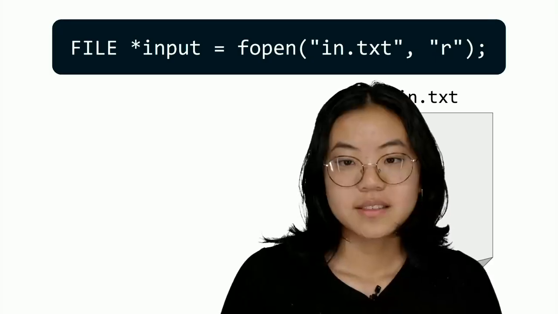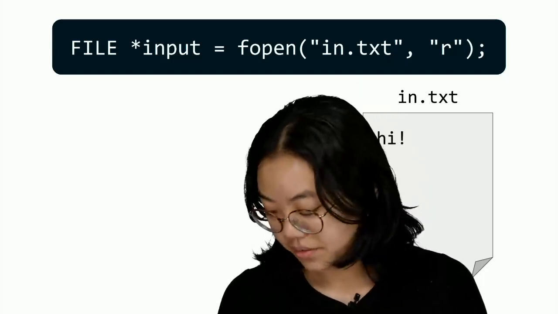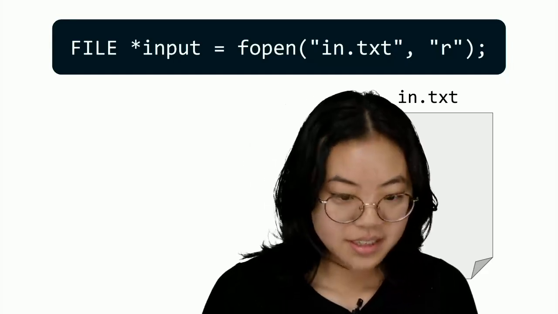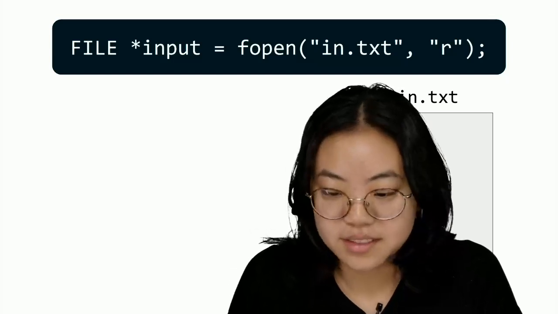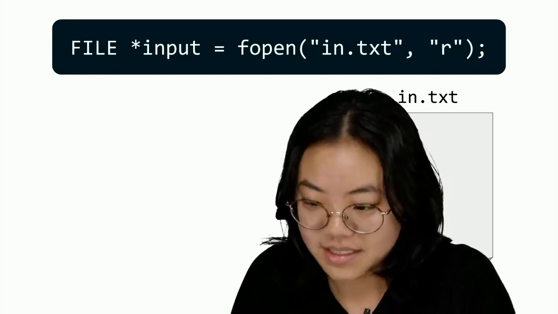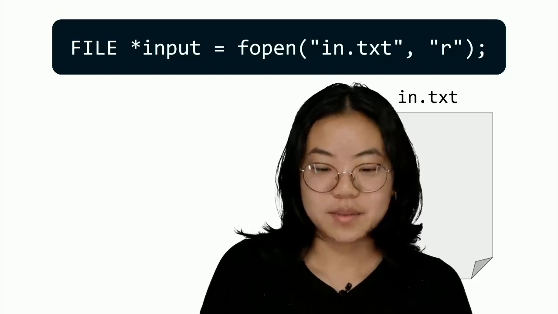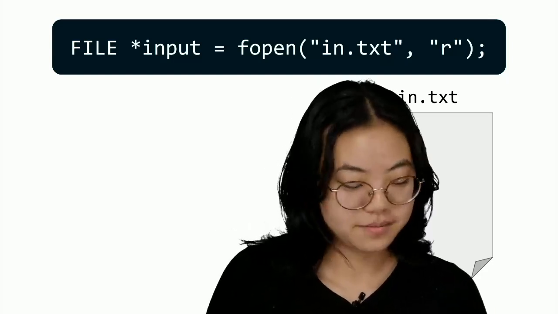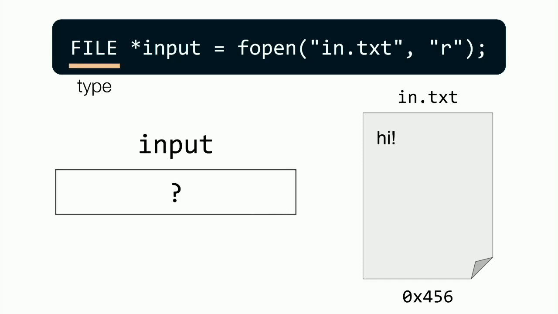Okay. So this first line of code here that we got a peek of in /create is FILE *input = fopen("in.txt", "r"). So it's a lot of bits and pieces, but let's break down what that actually means. input is the name of our pointer variable that we're creating.